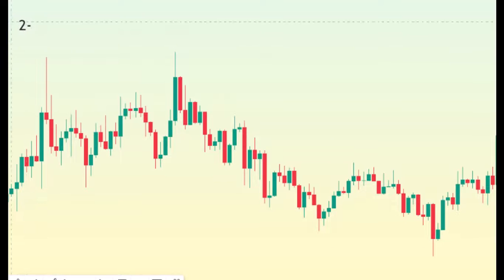For the second type example, I use Bitcoin USDT 15 minutes time frame. As you can see here, we have a left shoulder. This is our left shoulder.